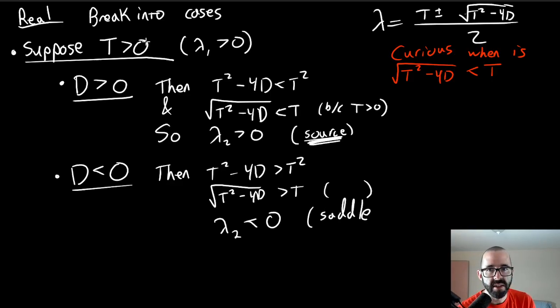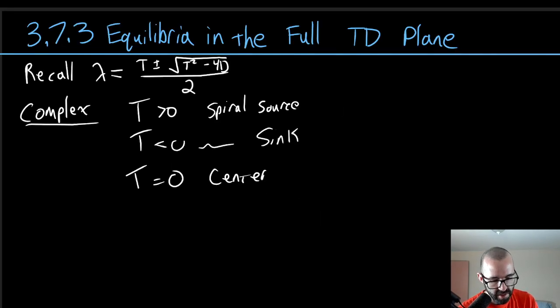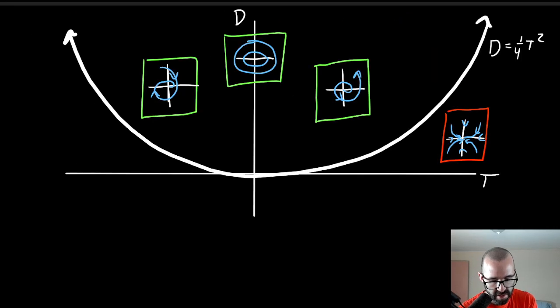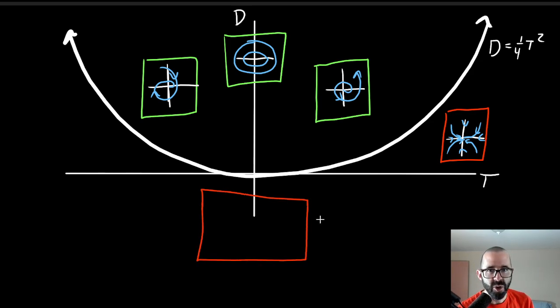We'd have a saddle. So if t is positive and d is negative, so if we're in the fourth quadrant, we have a saddle. All right, so if we're down here, we have a saddle. I don't want to make my graph look ugly, so I'm actually just going to tell you, if we're in the third quadrant, it's also a saddle. So everything in the third and fourth quadrant is going to be a saddle.